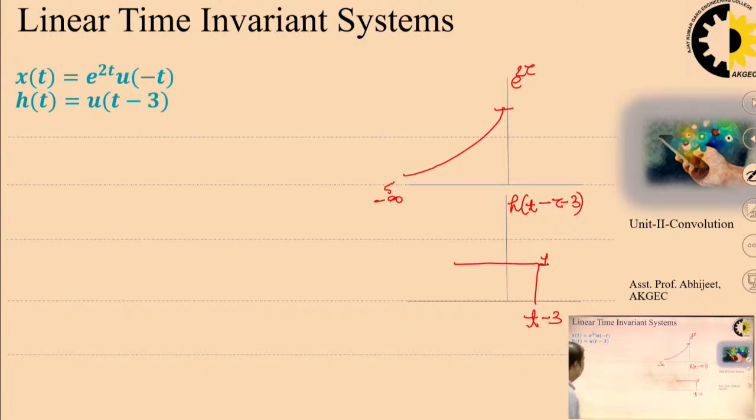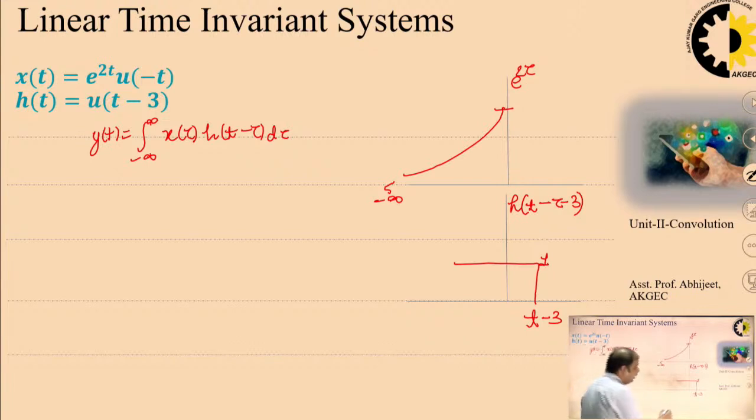So how can I evaluate the convolution? The convolution y of t will be minus infinity to plus infinity x of tau h of t minus tau d tau, isn't it? So we'll select the values of t, and in order to do that, you can understand the limits of the integration will change based on whether t minus 3 is to the right of this or to the left of it.